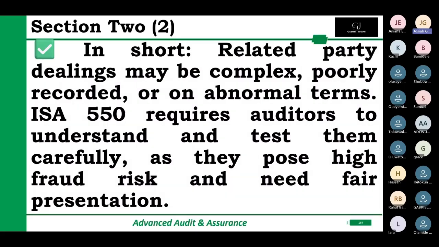So ISA 550 requires auditors to understand and test these transactions very carefully and meticulously, because they pose a high risk and need fair presentation for the financial statements to be presented as true and fair. This is very important.